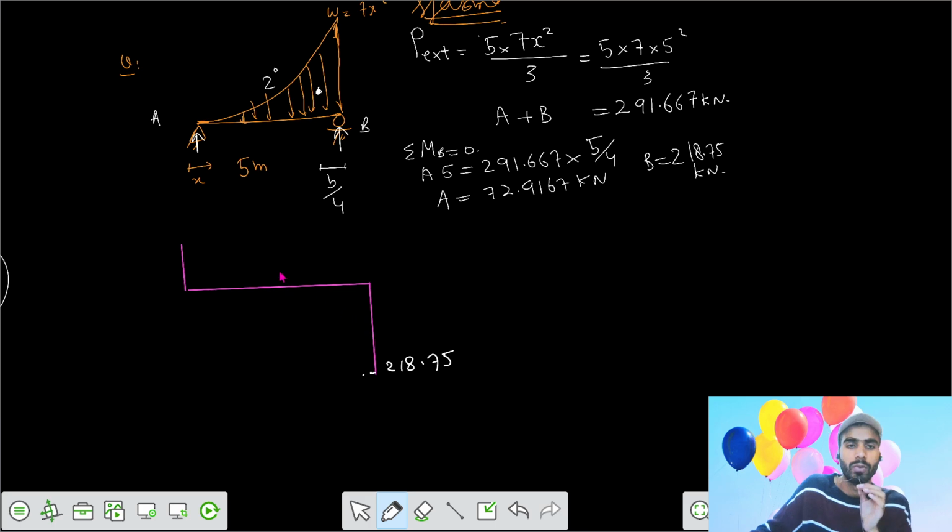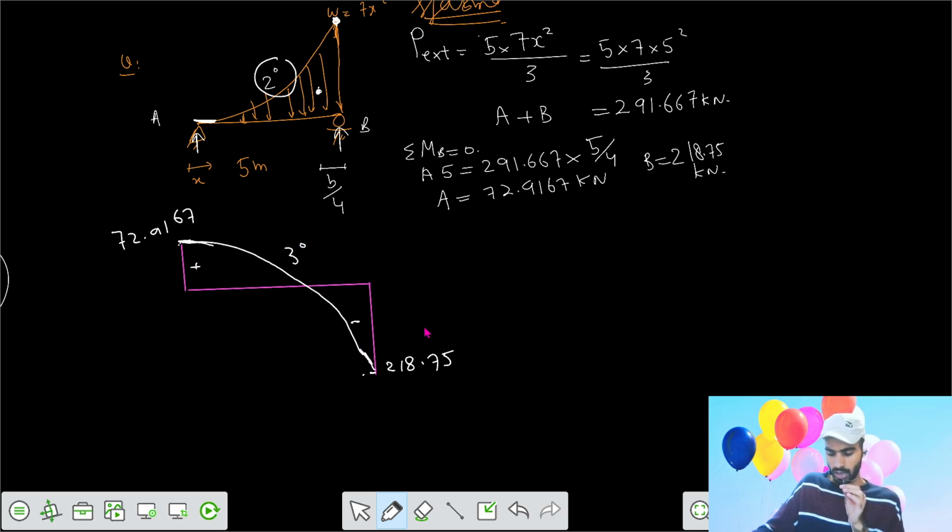Here the slope should be 0 because your loading here is 0, and here the slope is not 0 because your intensity is 7 into 5 square. So we have to join the two. If your variation of loading is 2 degree, that means your shear force diagram variation is 3 degree.